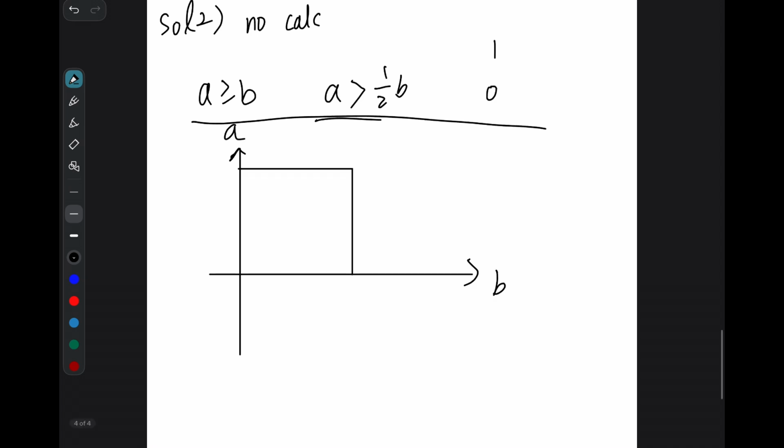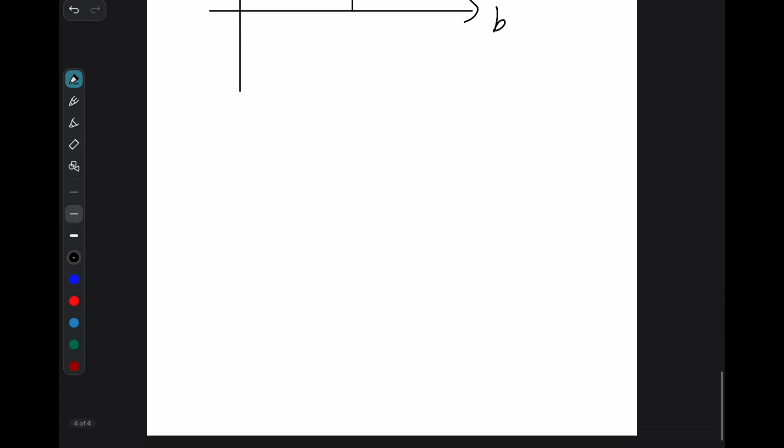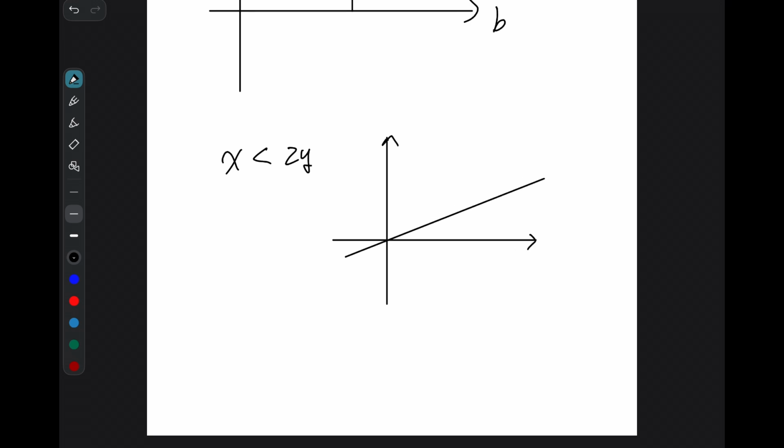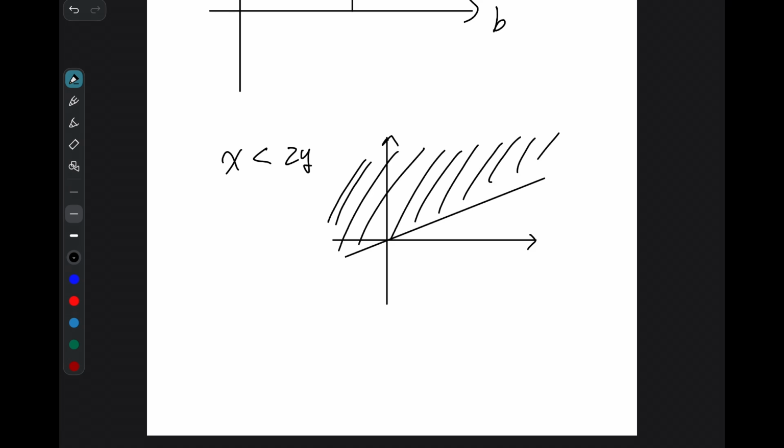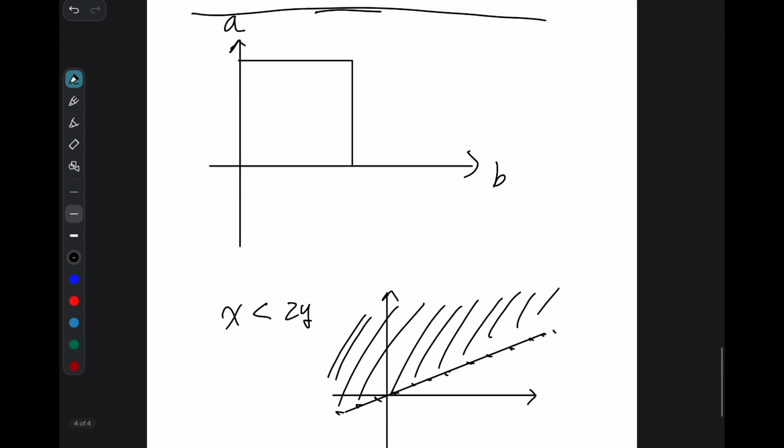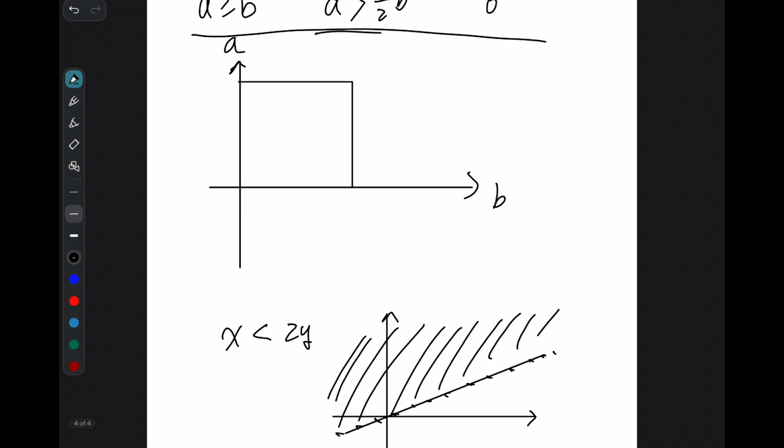Now this is the exact same concept where if you see the graph x is smaller than 2y, then the graph will look like this. So this is the same concept with boundaries.